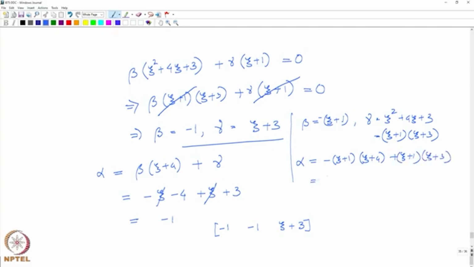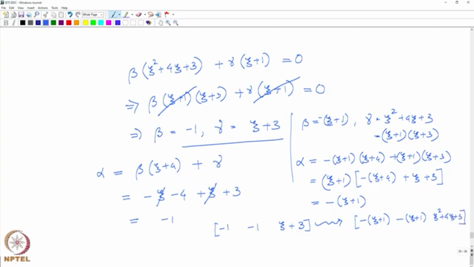So in this case also I could take xi plus 1 out common and I will be left with minus xi plus 4 plus xi plus 3, where xi cancels out, and minus 4 plus 3 is minus 1, so alpha is minus xi plus 1. So in that case, I will get minus xi plus 1 and here I will have xi squared plus 4 xi plus 3.